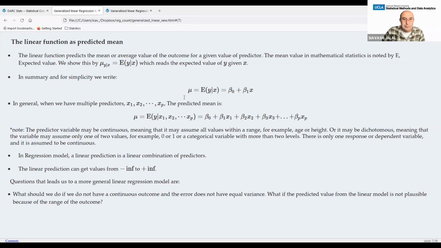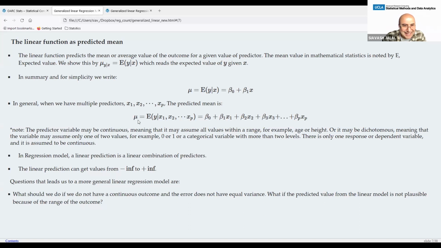If you have multiple predictors, you can write it like this. Expected value, in mathematical statistics, is used for the population mean. So basically you can think of that as the mean, or the value we expect on average. Don't worry about this notation if you don't know it. Basically, mu is the mean of the outcome.